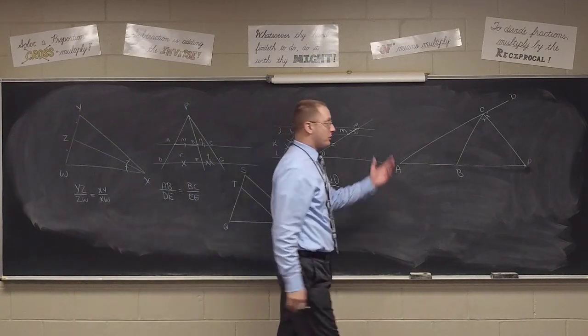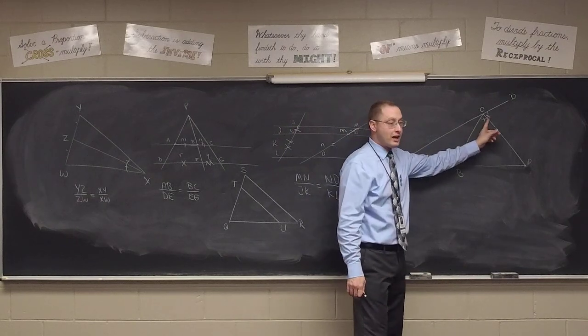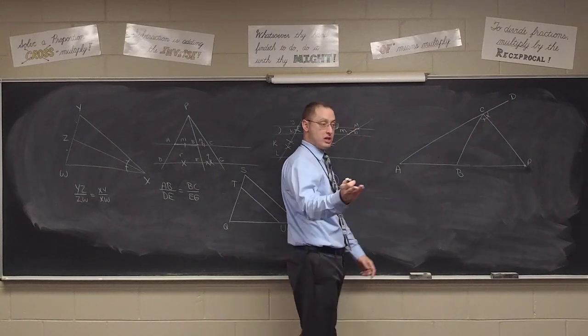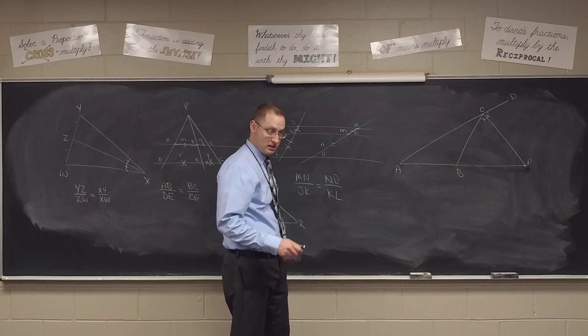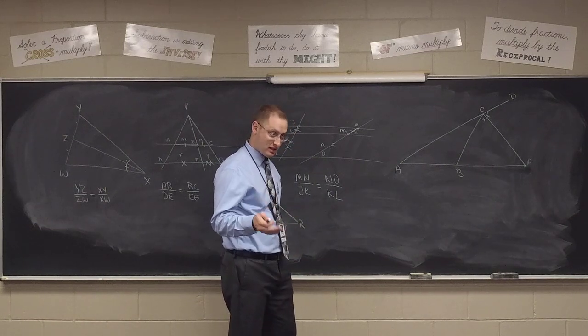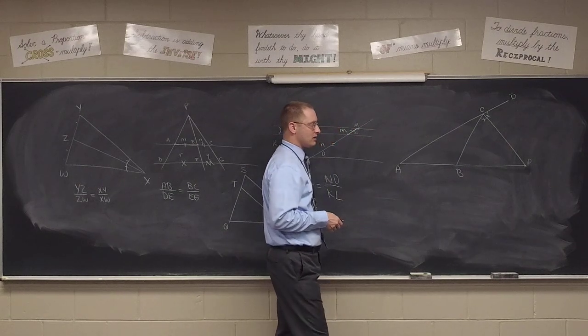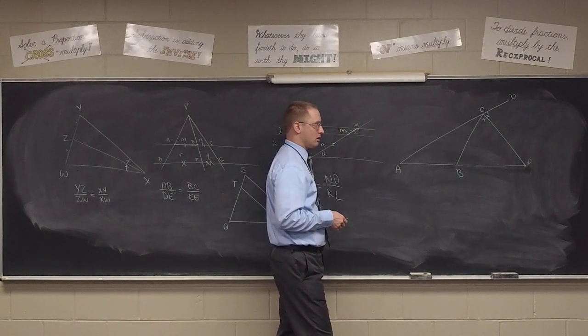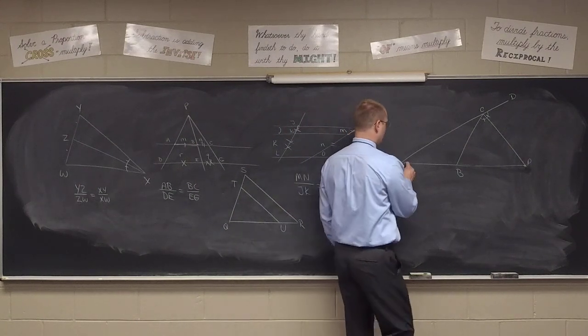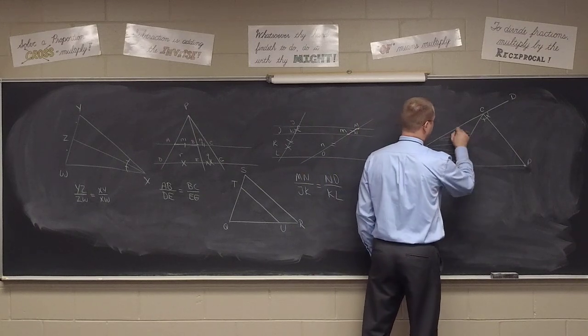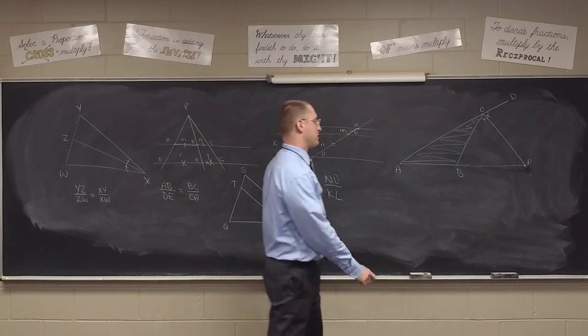Ethan, I have another angle bisector. This time it's an exterior angle being bisected, but anytime there's an angle bisector, in words, right, so what side got divided into segments? Here's my triangle. What side got chopped into pieces?